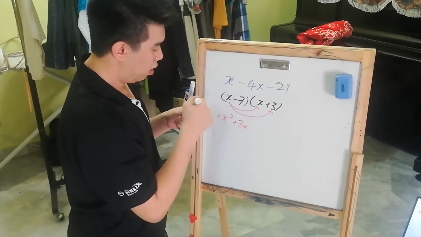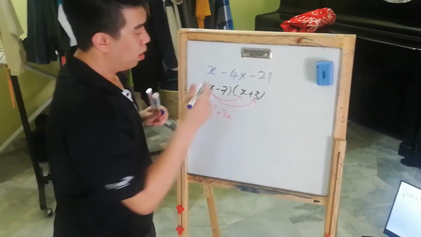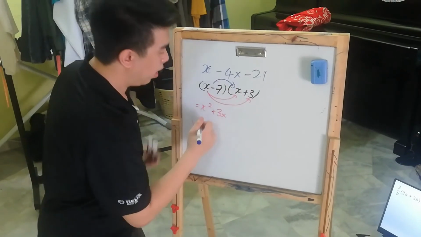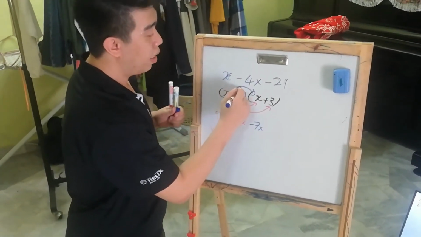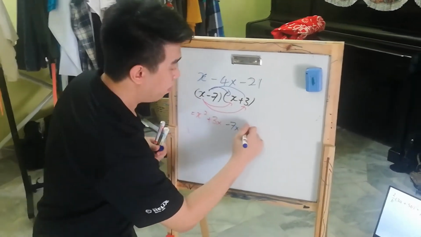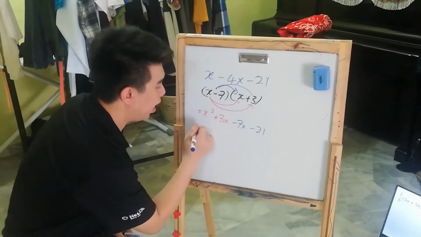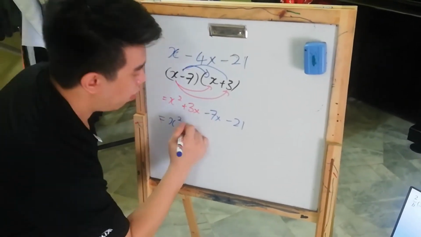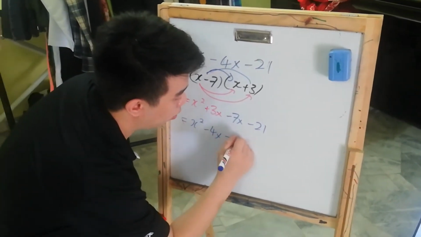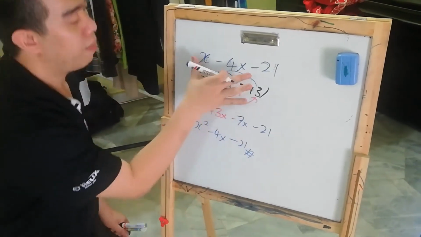Negative 7 times x, you get negative 7x. Negative 7 times 3, you get negative 21. So when you add together, you get x squared minus 4x minus 21. See? You get the same thing here.